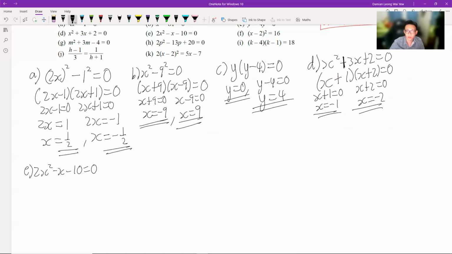So I cannot just find the factors. The proper method of doing this is to use the cross method. Put the middle term on the right, the minus x on the right, the rest put on the left.